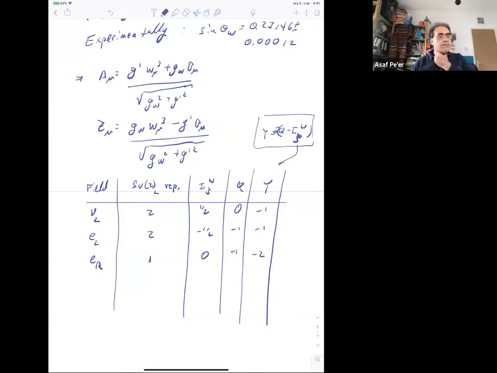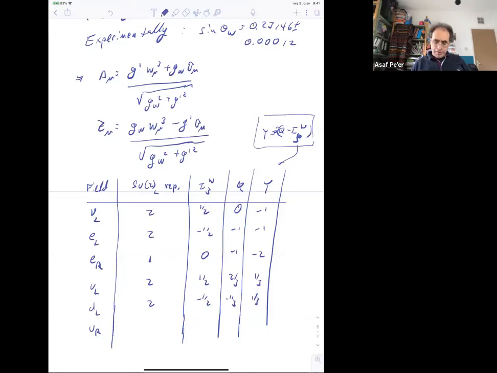And if we look at the quarks, we have the up quark left. Again, it is part of the representation, so it's a doublet. It's in the up part, so it's 1/2. Charge is, of course, 2/3, and the Y would be a 1/3. For the down left, again, it's part of the doublet, but then it's in the lower half, so it's a -1/2. Charge is, of course, -1/3, and so the Y would be a 1/3 as well. And then for the right-handed quarks, right-handed up quark, they do not participate in the weak interaction.